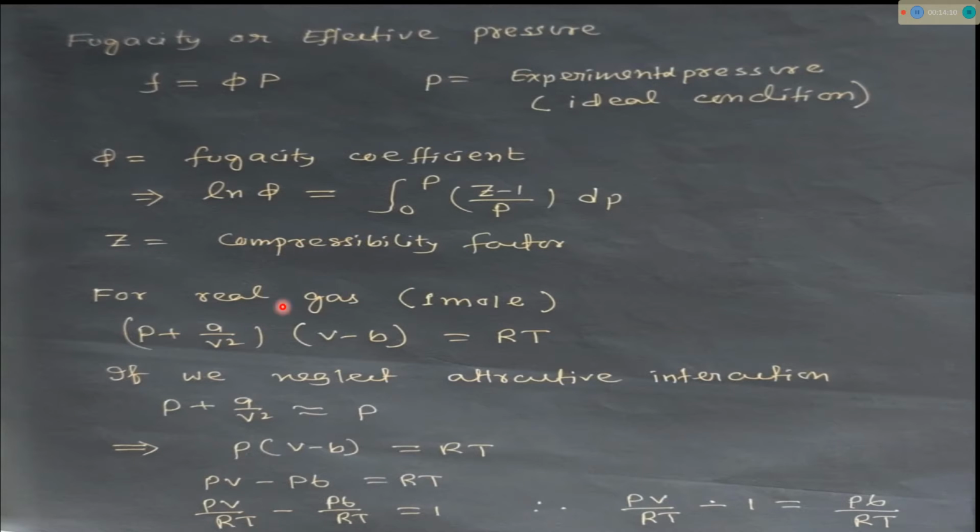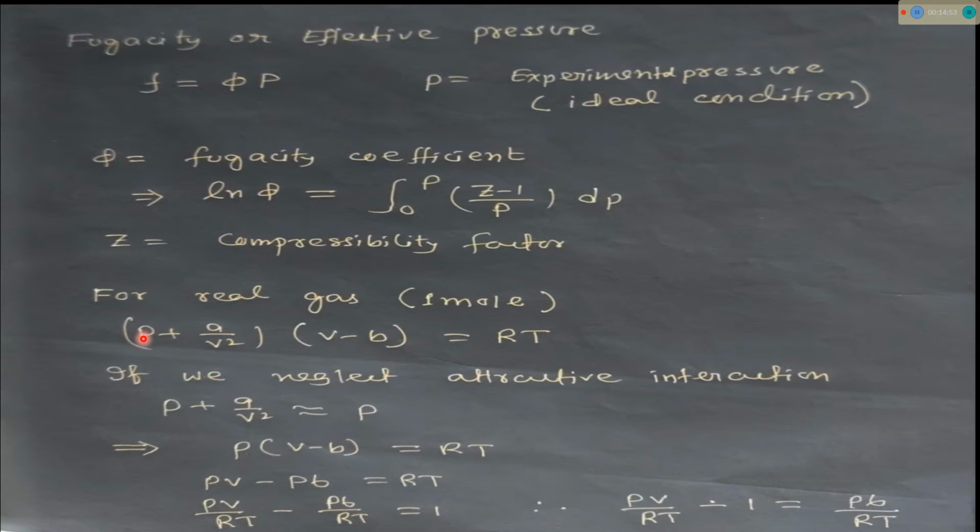Now for a real gas, if we consider 1 mole, the equation is the van der Waals equation: (P plus a by V square)(V minus b) equals RT. In general, (P plus n square a by V square)(V minus nb) is equal to nRT, and for 1 mole we just put n equal to 1. This is the expression of fugacity and pressure relations. Phi is the fugacity coefficient, and this is its definition.